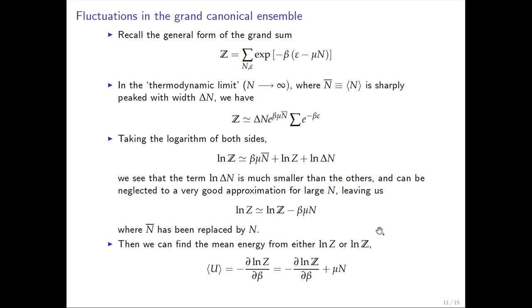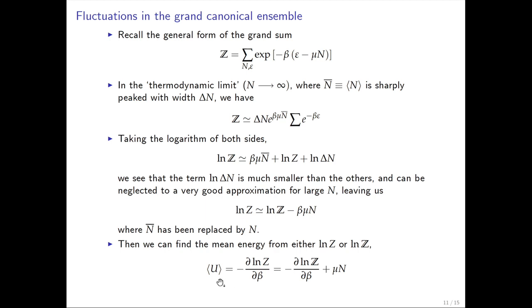So then what that means is we can find, in this limit, the mean energy from either log Z or log this bold Z. So from the logarithm of the canonical partition function or the logarithm of the grand partition function. And so we have this relationship, right?